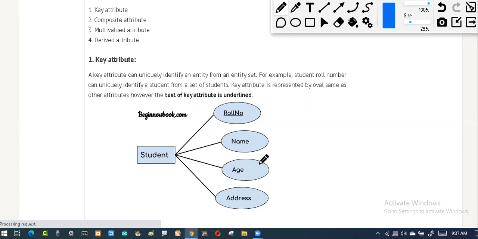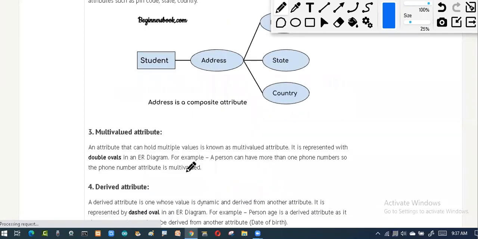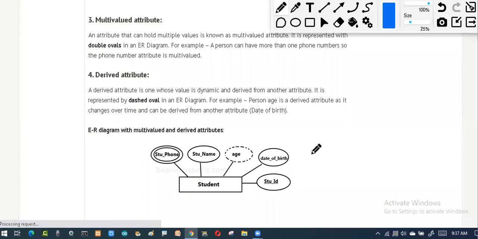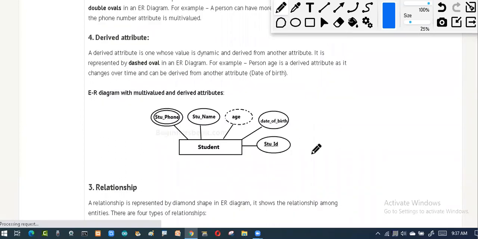Okay, so all together we'll see the example. Here you can see the final example of all the attributes. Student is an entity; student ID, date of birth, age, student name, and student phone are attributes.